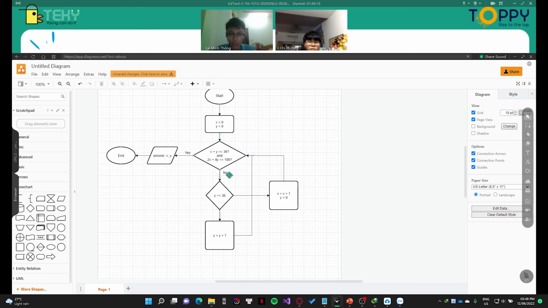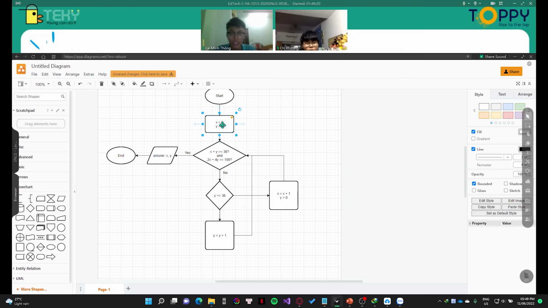Okay, so we need to check. First, we initialize x and y to 0, and then we check whether x plus y equals 36 and 2x plus 4y equals 100. If it is indeed a correct answer, we will answer back to the user with x and y, and then end the program.